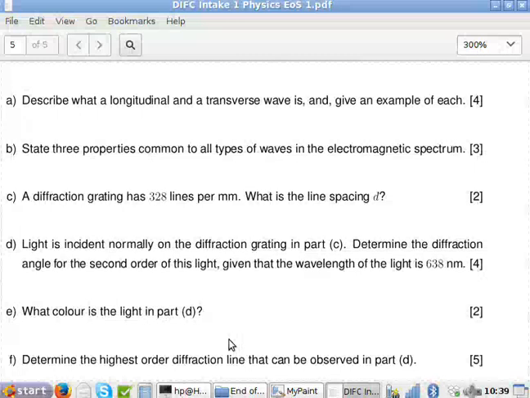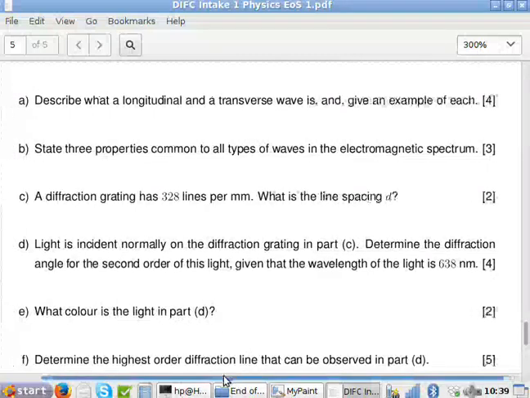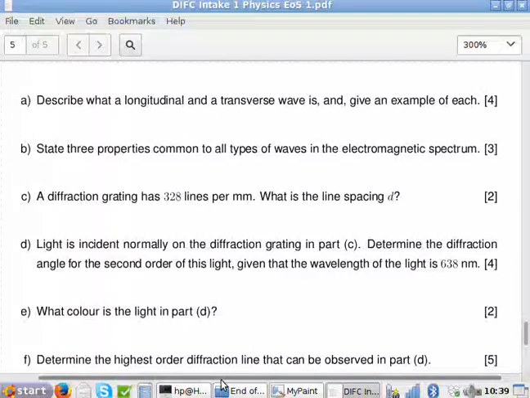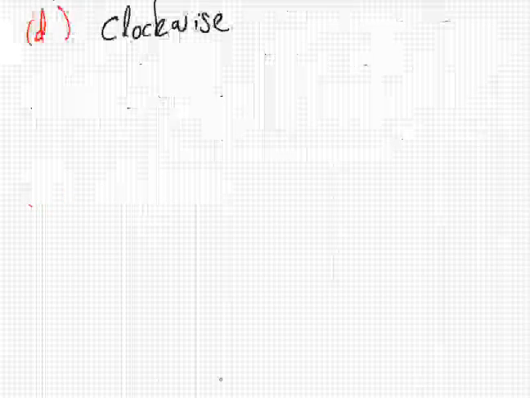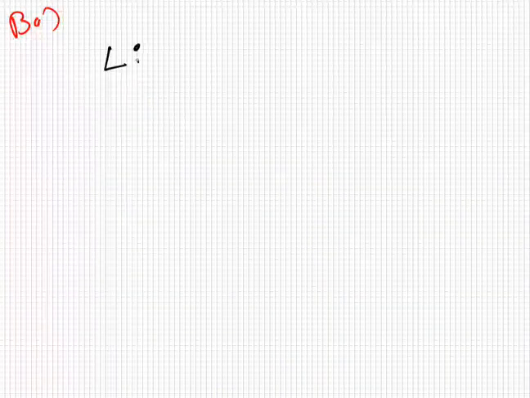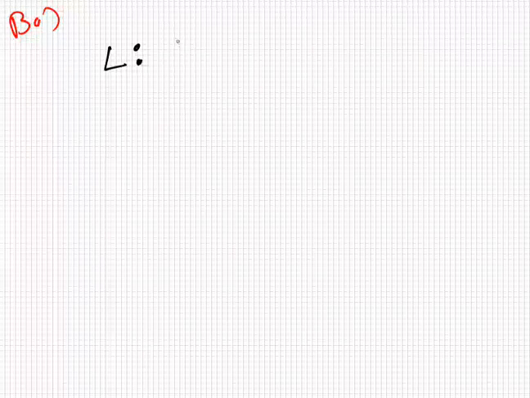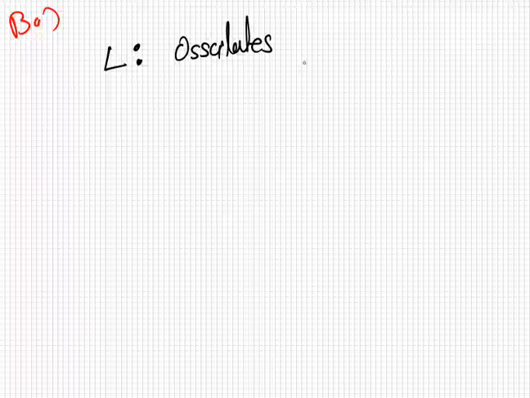Newton's second law is F equals ma. Newton's third law is for every action there is an equal and opposite reaction.